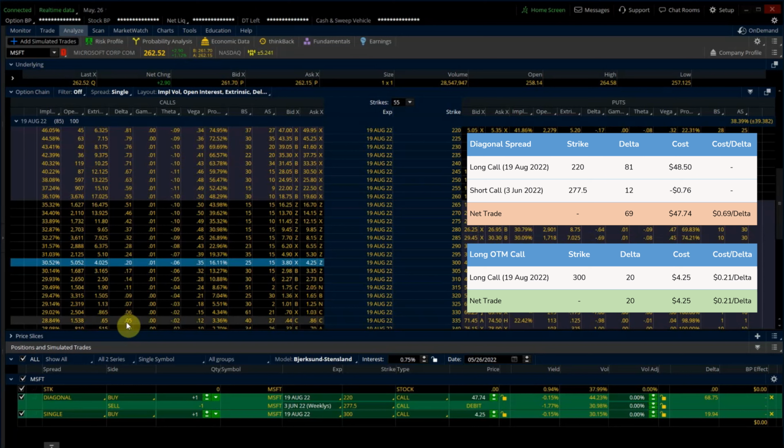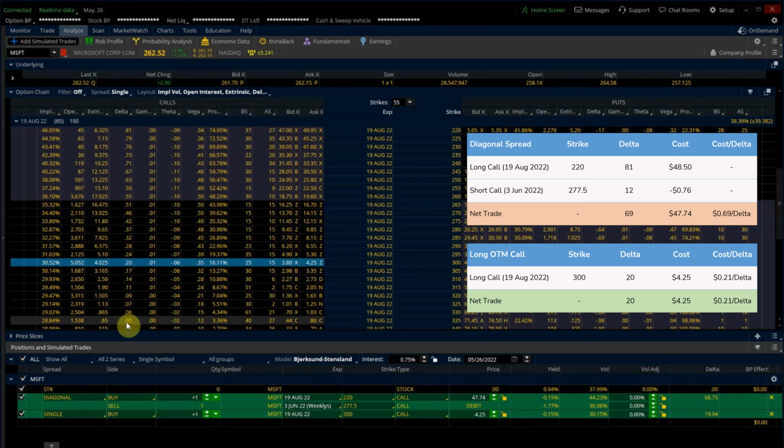But if I were to enter a diagonal spread instead, the trade itself will cost me $4,774, and there is no guarantee that I can keep my max loss at $400. Because if the price of Microsoft collapses significantly, there is a possibility that I cannot close the trade in time and lose more than the $400 which I initially planned for.